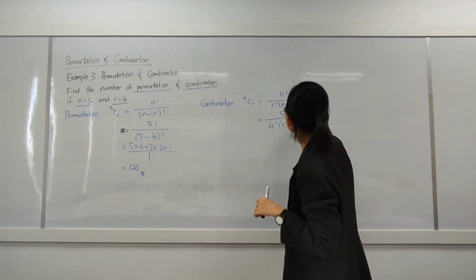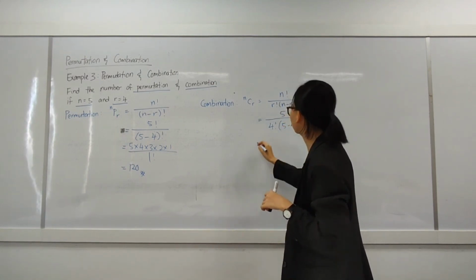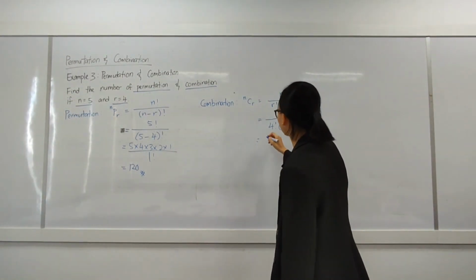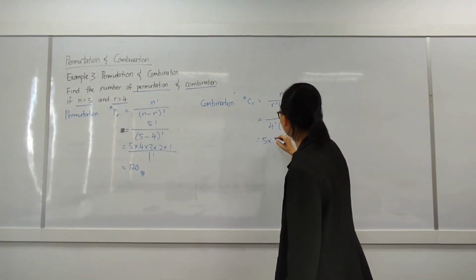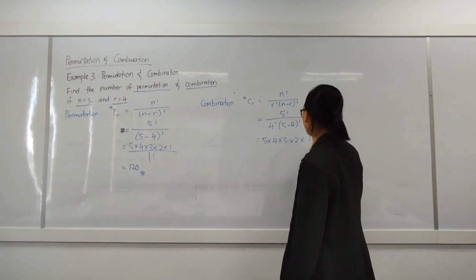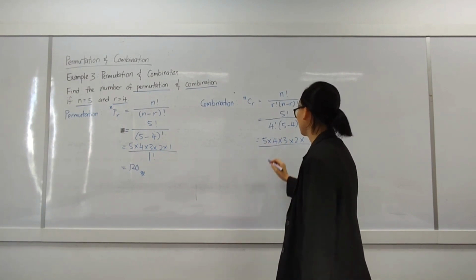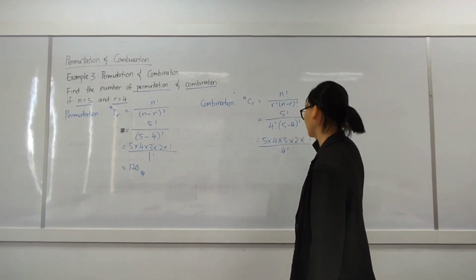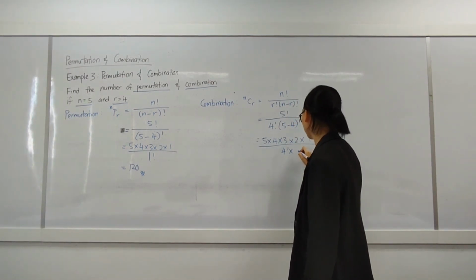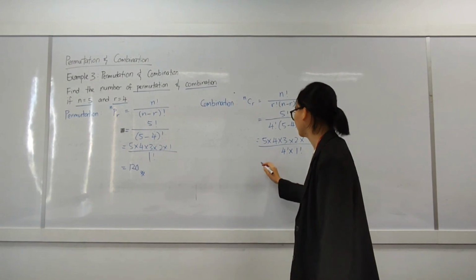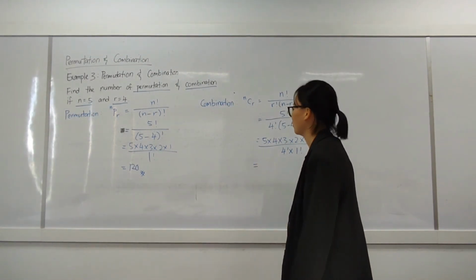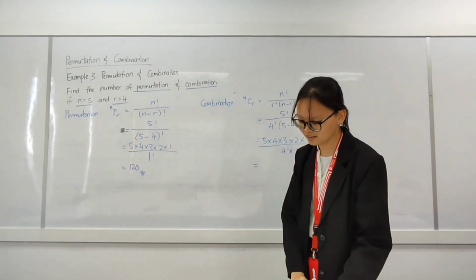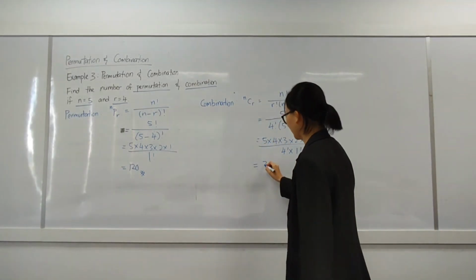So 5 minus 4 factorial. So just do it the same as permutation: 5 times 4 times 3 times 2 times 1. So 4 factorial, just write it down. And 5 minus 4 equals 1. So multiplied by 1 factorial. So the answer will be 30.